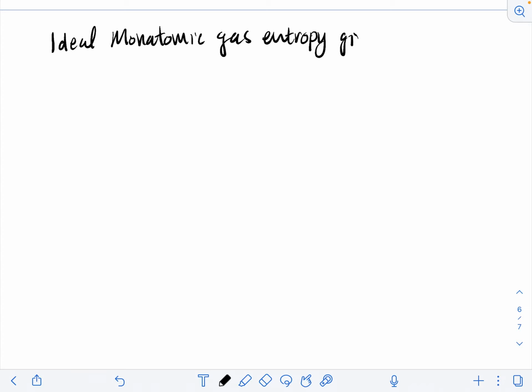So the ideal monatomic gas entropy is given by this so-called Sackur-Tetrode equation.